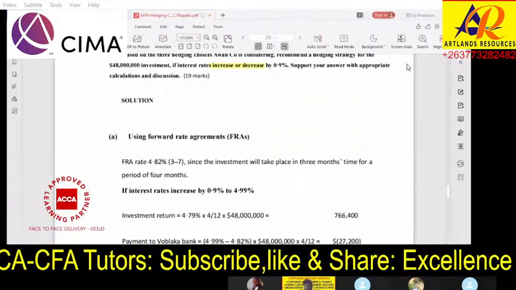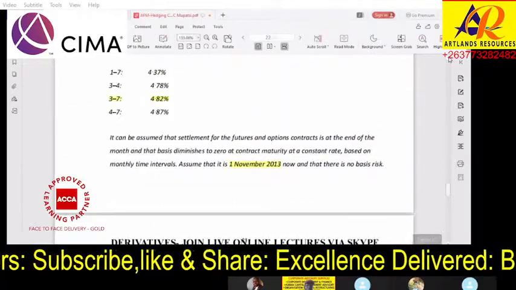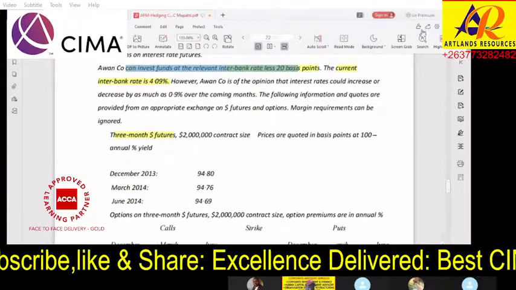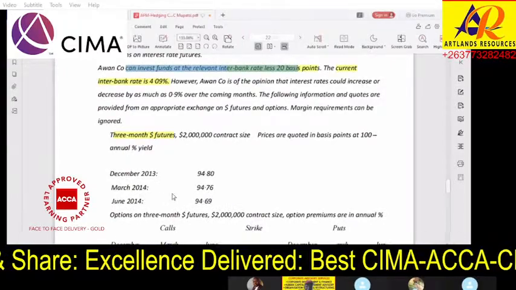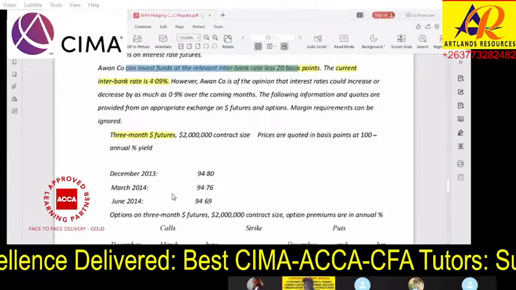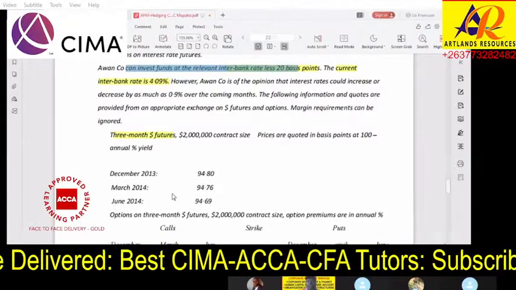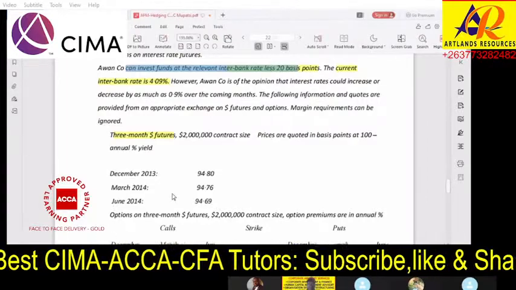But the question that you then have to ask yourself is, which ones, because there are quite a lot of futures contracts there, which ones? December, March, June. The issue is, I told you that exposure period is between now and when you get a loan or when you invest.